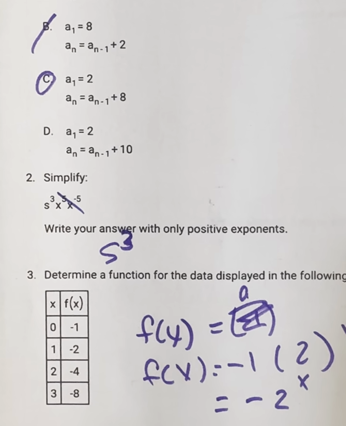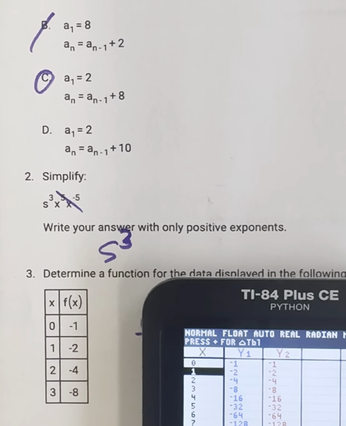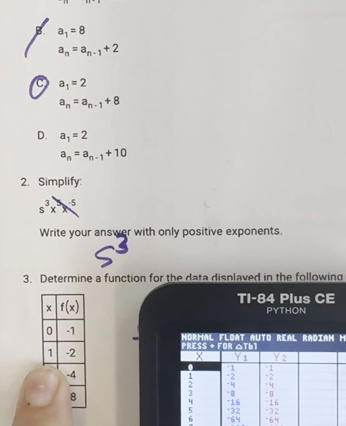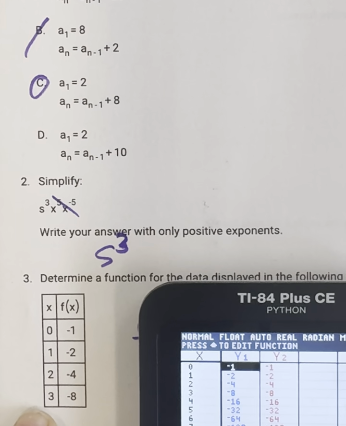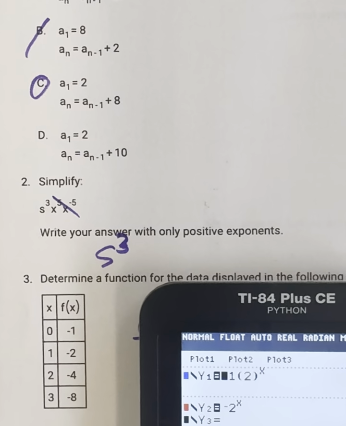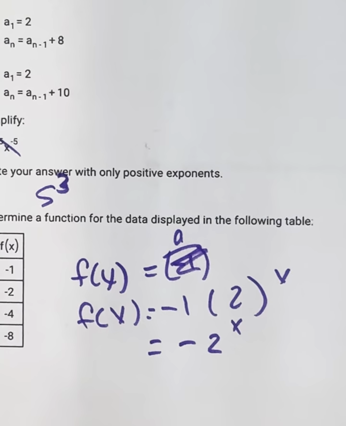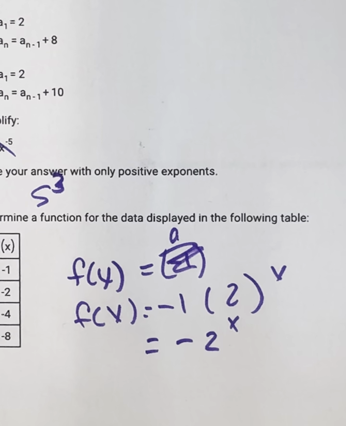So at 0, we have -1, then -2, 2 and -4. So our tables match, and both ways are correct on how to write the answer.